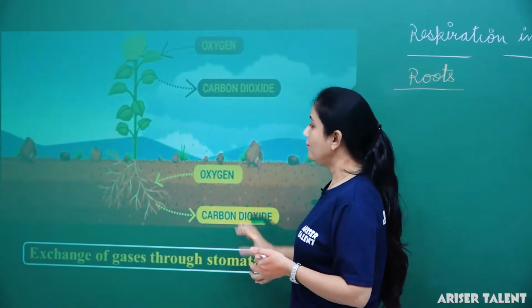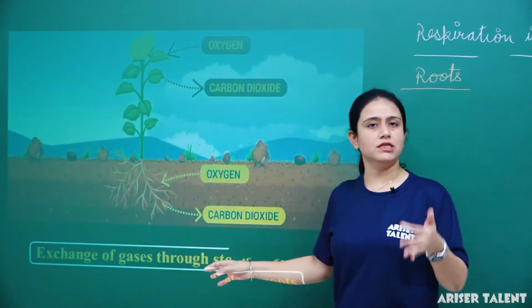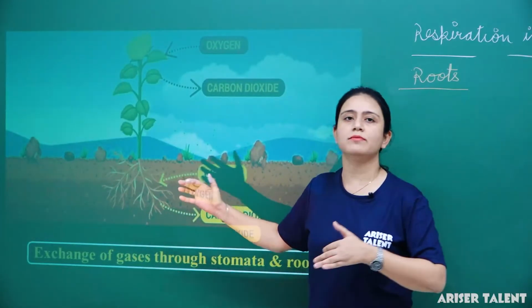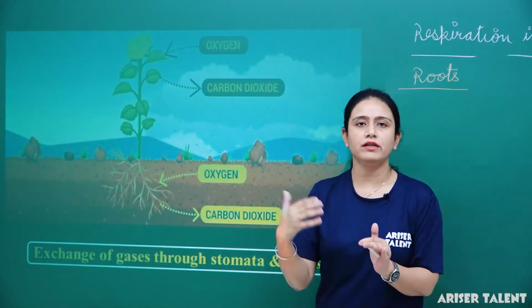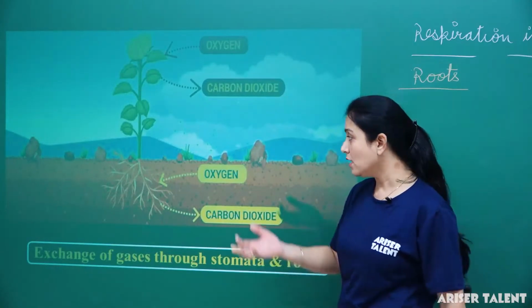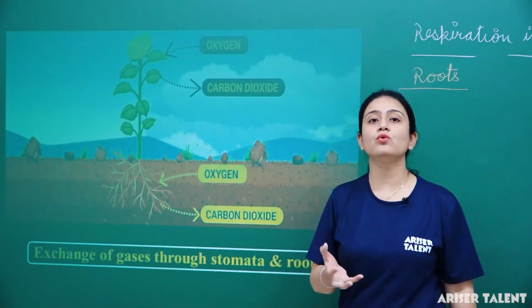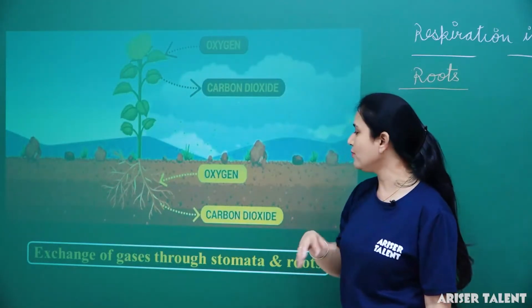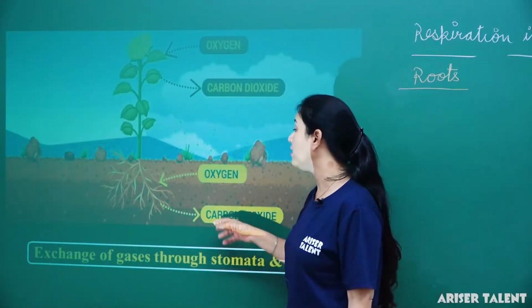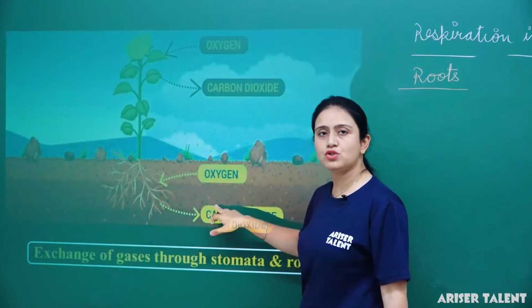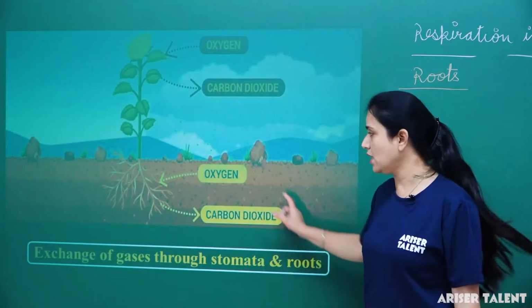Here we can see, we all know that the roots are present inside the soil, or this is the part of the plant which is found under the ground. Now what we know is that these roots have some root hairs. These roots will absorb the oxygen which is present in the soil.